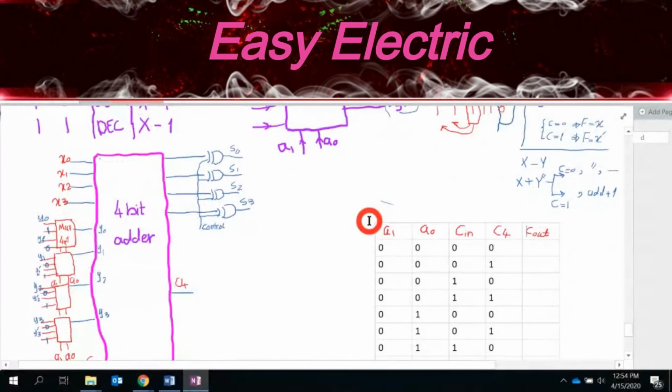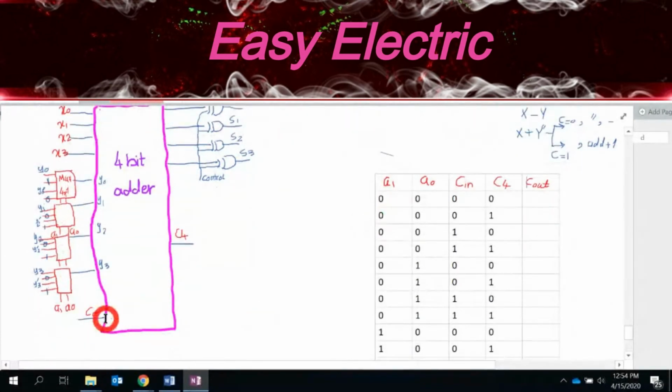Okay. So if this is C0, I want to know what I should connect to this C0. So I want to design that C0. Definitely what you connect here is related to A0, A1 because it depends on whether it's a subtractor or adder.